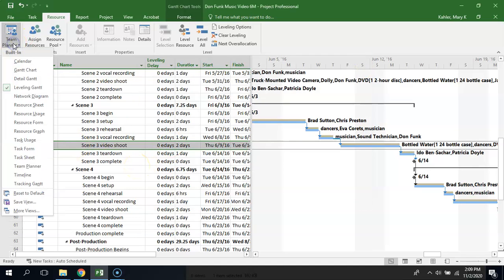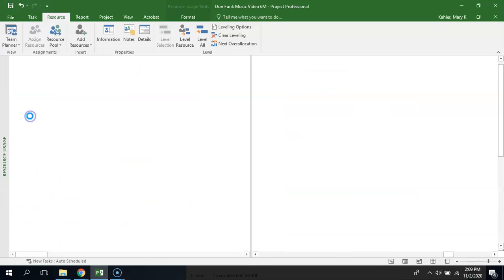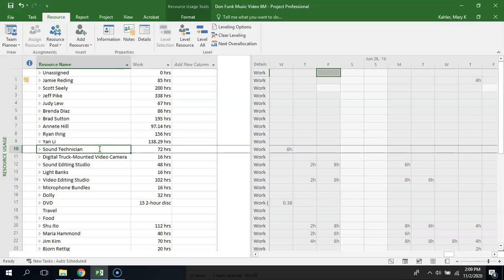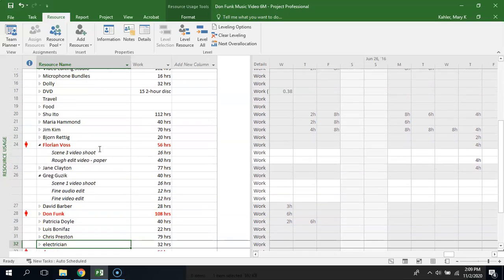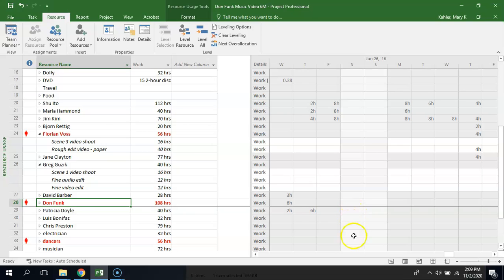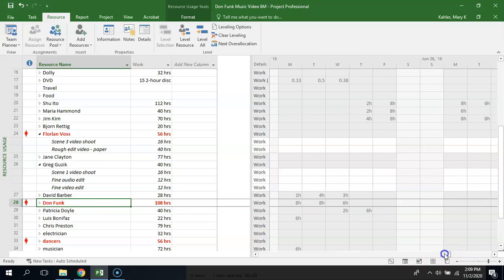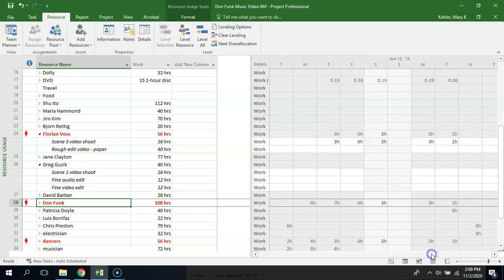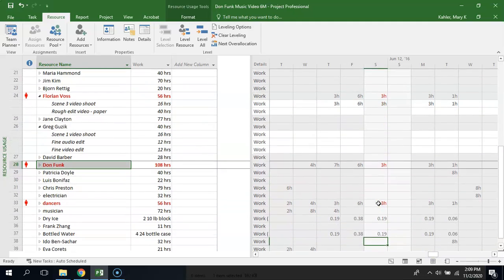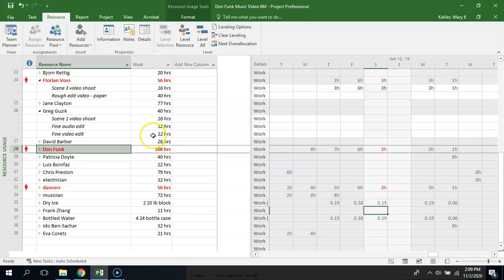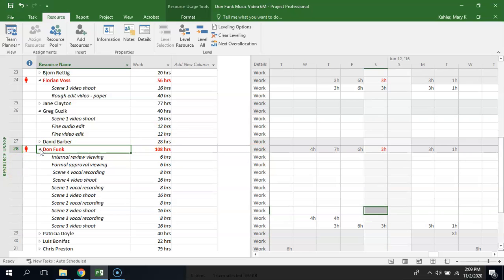And if you need to go back, you can always go back to that resource usage chart and try to figure out what the deal is with Don Funk and why he's got an issue. You just have to scroll through until you see red and try to figure out why there is an issue for Don Funk. You can scroll back open and try to figure out where the actual problem is for him.